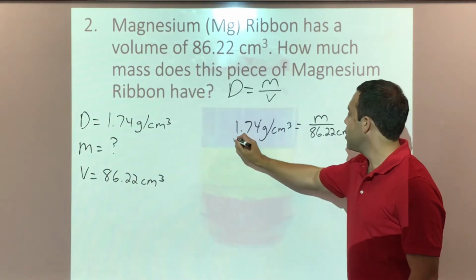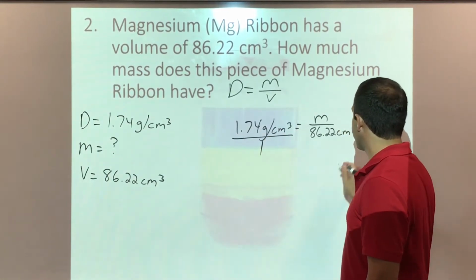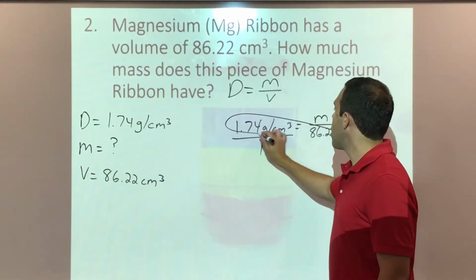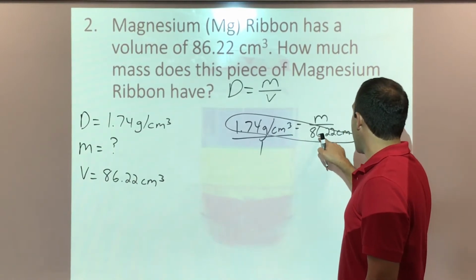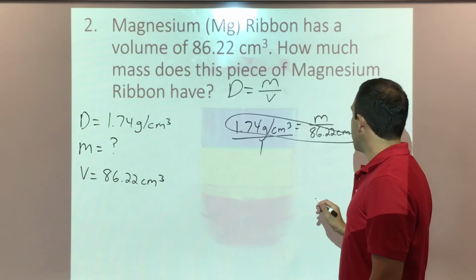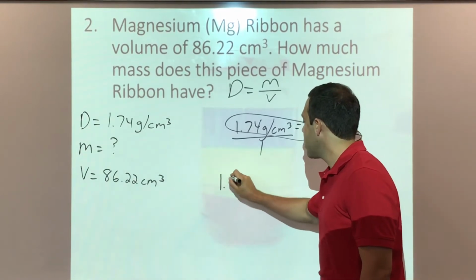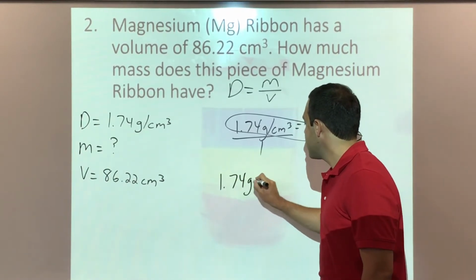We're going to have to cross multiply, put this over the number 1. So we multiply the 1.74 grams per cubic centimeter times 86.22 cubic centimeters.